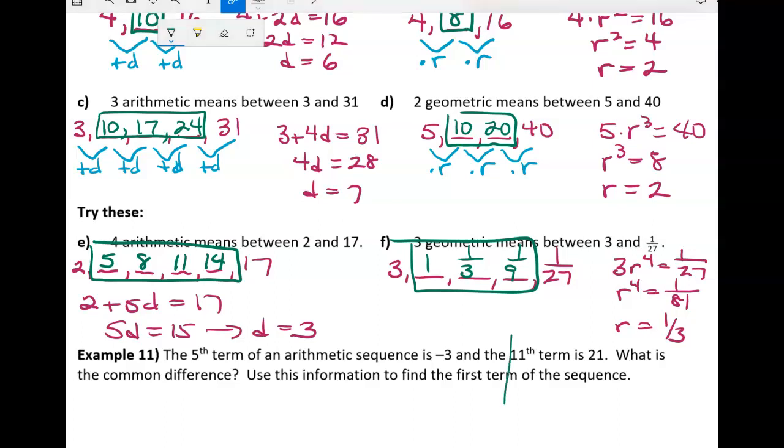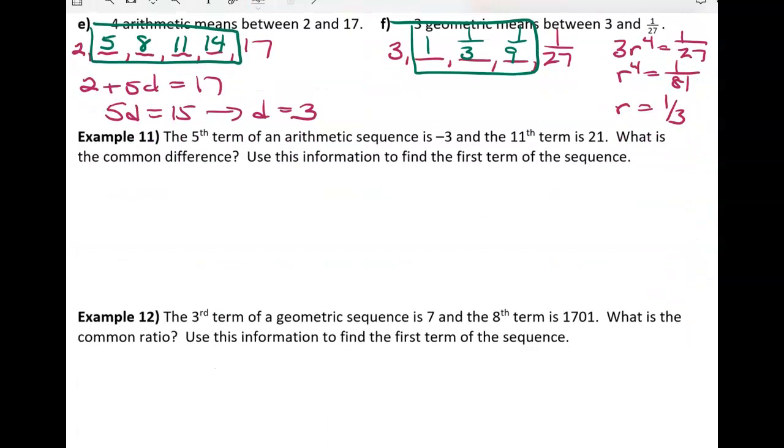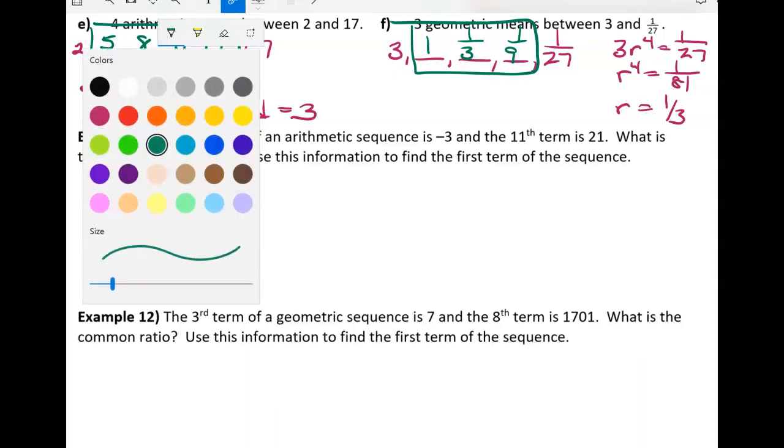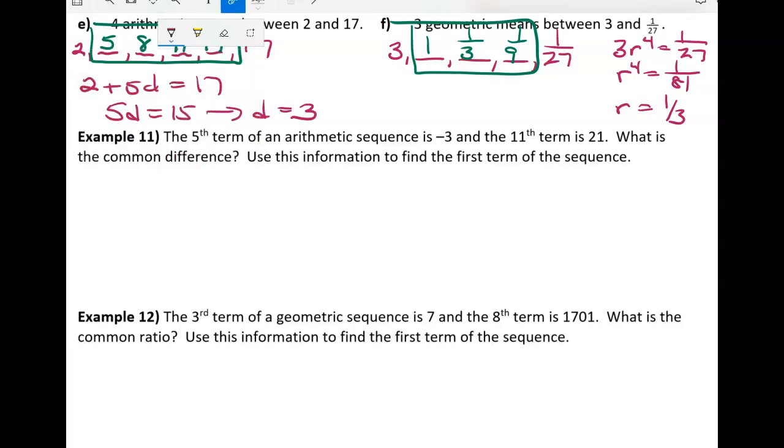Right, in example 11, we are given some other information here. We have the 5th term of an arithmetic sequence, and we also have the 11th term. Now, to get from the 5th term to the 11th term, we're going to have to add.